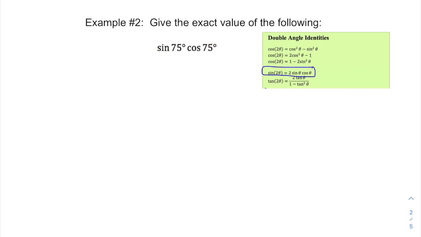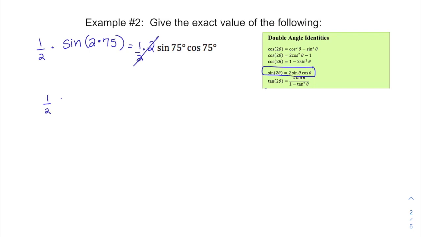If this question had had a 2 out in front, this would have equaled sine of 2 times 75. But it's missing that 2. So what I'm going to do is, could I simply multiply both sides by a half?